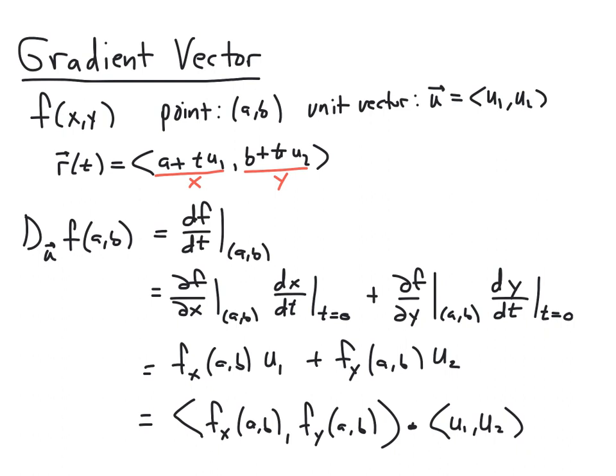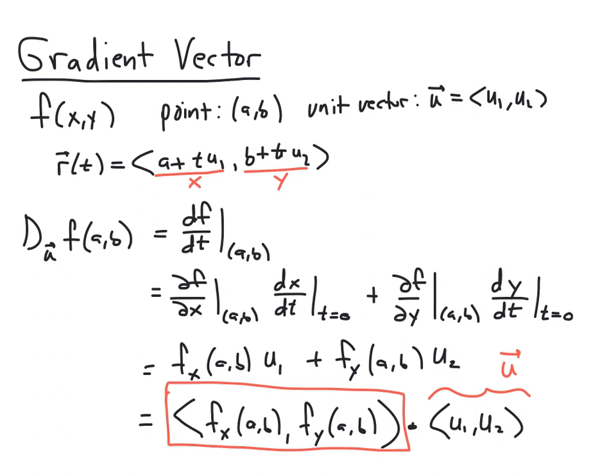And this is a pretty easy vector to come up with. If I have my function f, all I have to do is compute the partial derivatives with respect to the variables and evaluate at the given point.